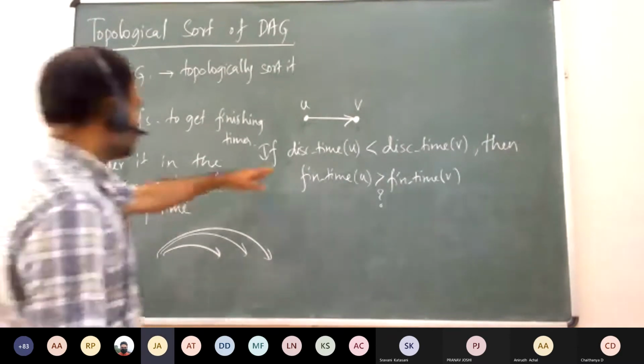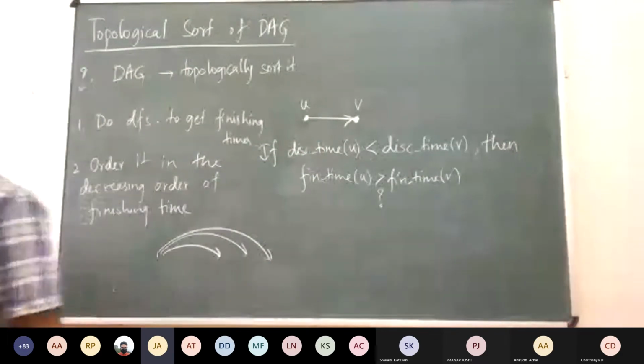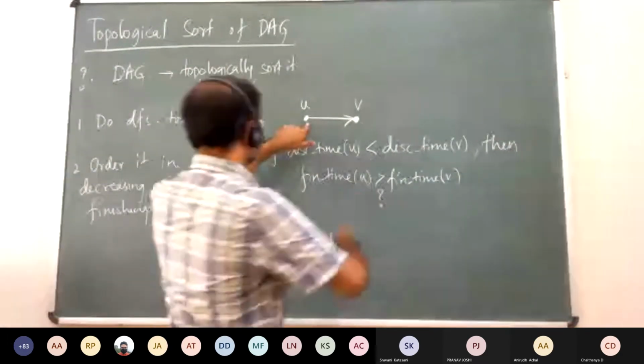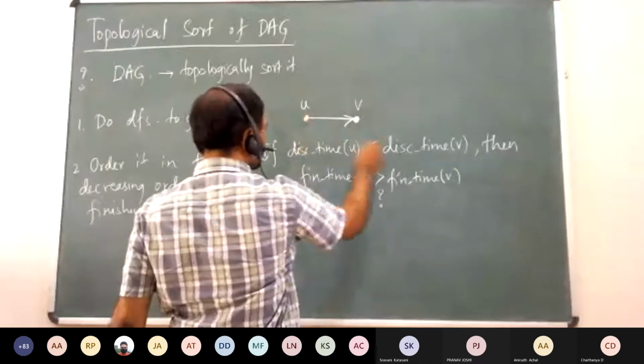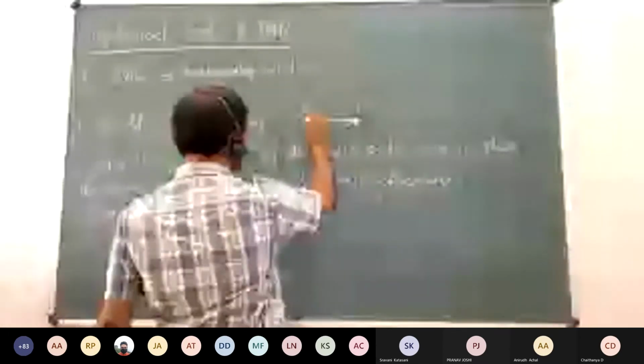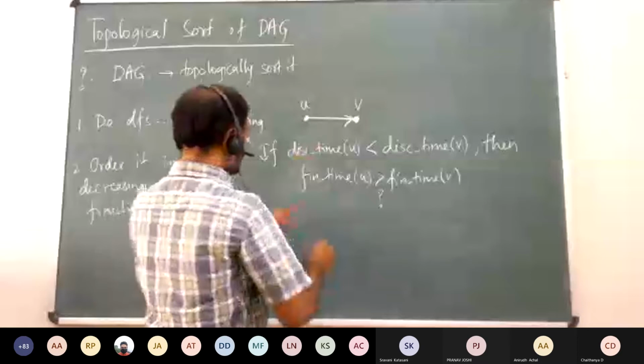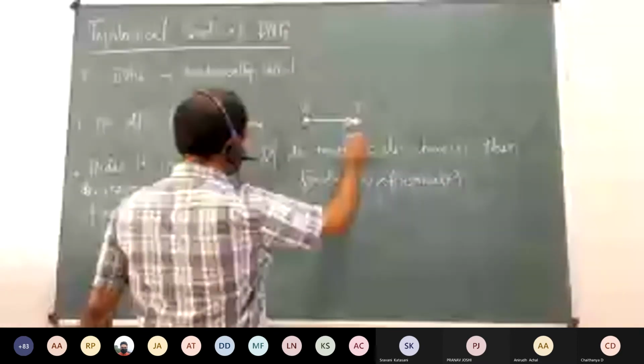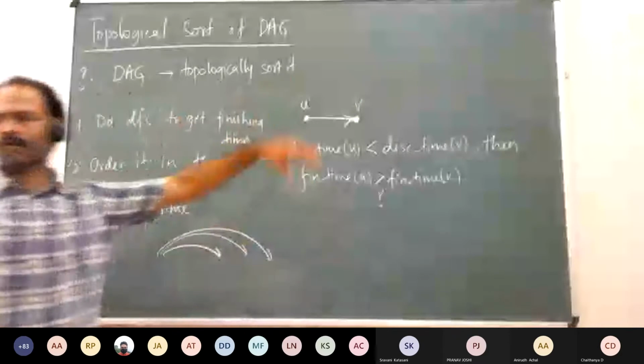Suppose there was an edge UV like this and U was discovered before V, then the finishing time of U will be greater than V. So if you order it in this manner, the edge still goes from left to right.